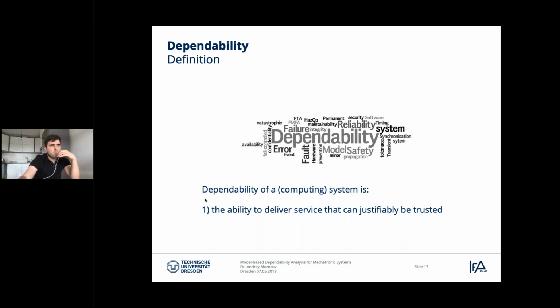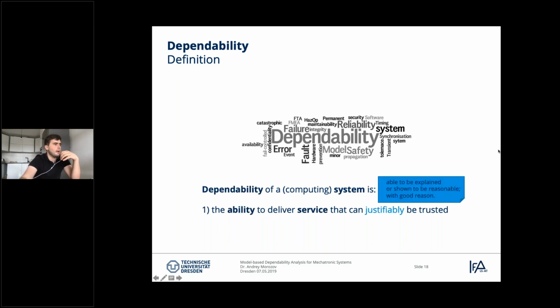It means we are able to provide some justification for trusting the service of the system. So it's not only that the system is reliable, but we can also prove that it is reliable, and that's what this word justifiably means. So, able to be explained or shown to be reasonable with good reason. It is the ability of the service that the system delivers.